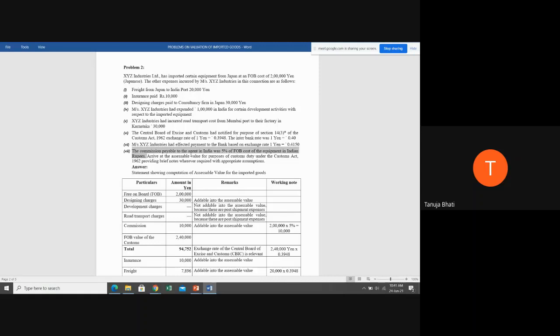Is it a buying commission? As per Rule 10, Sub-Rule 1, Clause A, all commissions and brokerage should be included, except buying commission. So can you tell me, this 5% of FOB, which is the commission payable, should it be added or ignored? Ma'am, added. Okay, very good. Now let us go to the solution.